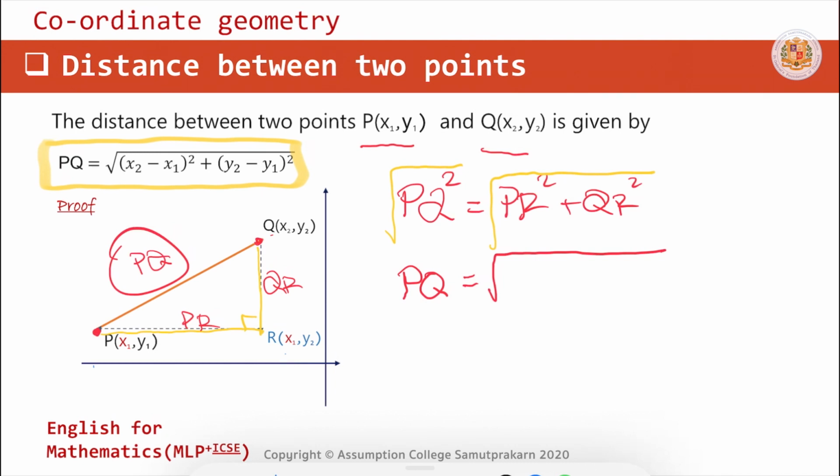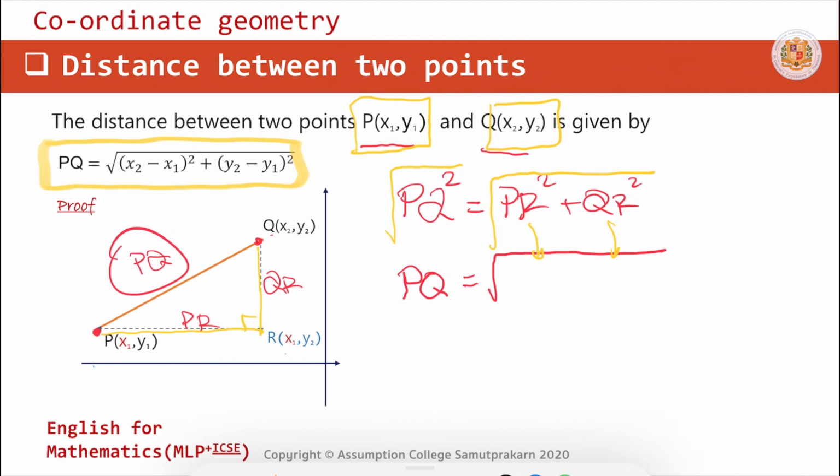But because the given information is the coordinates (x1, y1) and (x2, y2), we're going to change PR square and QR square to something about x1, y1 and x2, y2.